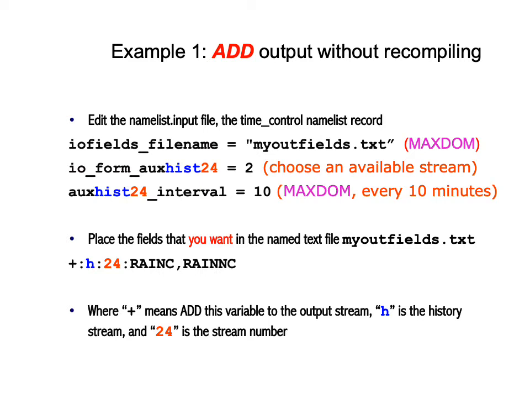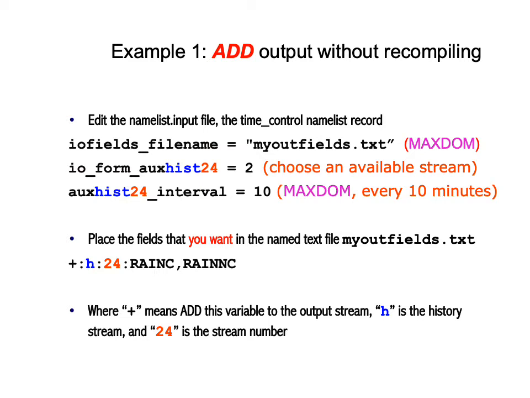What we do is we modify the namelist.input file in the time control section, and we add in a few variables. IO fields file name, and this is a max DOM variable, which means if we have 3 domains, we would need to have 3 character strings, because it would be for domain 1, for domain 2, and for domain 3. And then we have to have the 2 pieces that are always used for IO.